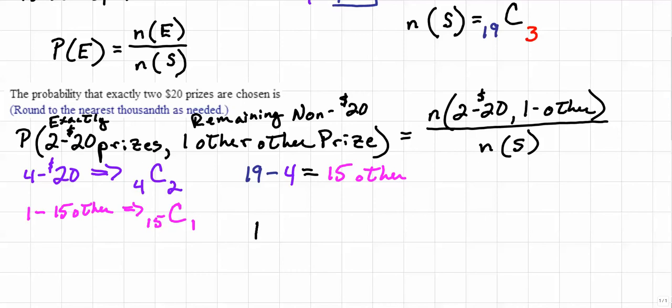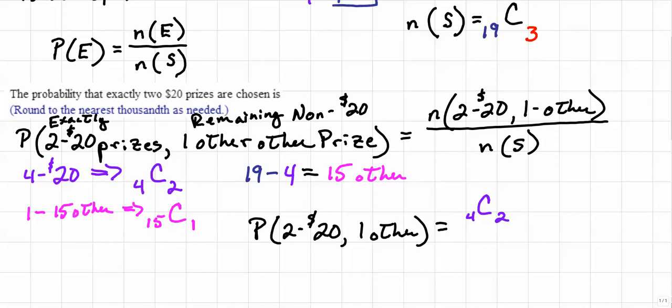But let's write this out and say the probability of two $20 prizes and one other will be equal to this 4C2, and we're going to multiply that by this other combination of 15C1, and we'll divide that by n of S, which we've already discovered to be this right here. So that's going to be 19 chosen 3 at a time.